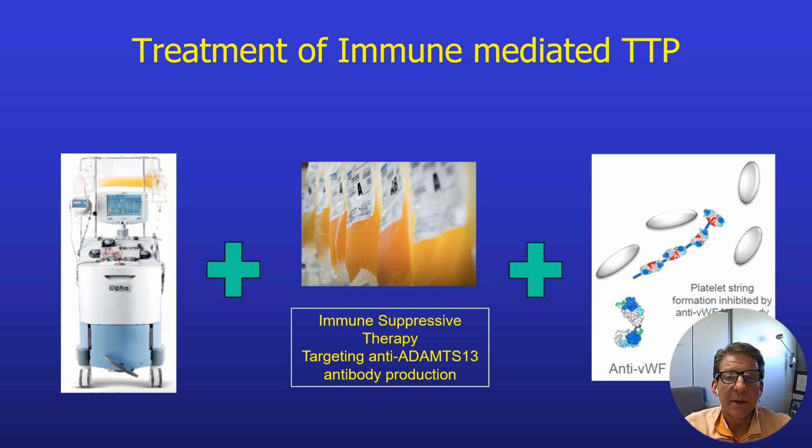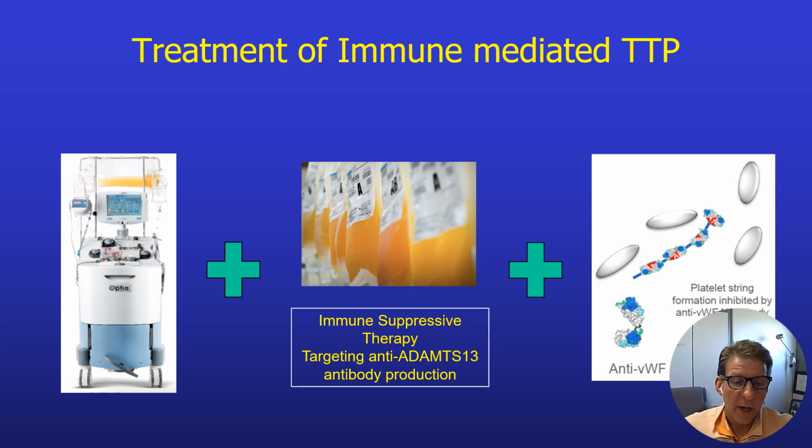So how do we treat the immune-mediated TTP, or the acquired form of it? It's plasma exchange therapy, which removes the plasma from a patient's blood and replaces it with donor plasma. So what you're removing is antibodies, and what you're adding back is functional ADAMTS13 protease. Now, this takes several days to exert a clinical effect. The removal of the antibody is not immediate and not total with one procedure, so multiple procedures are required.